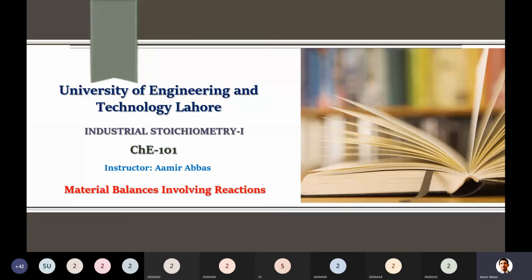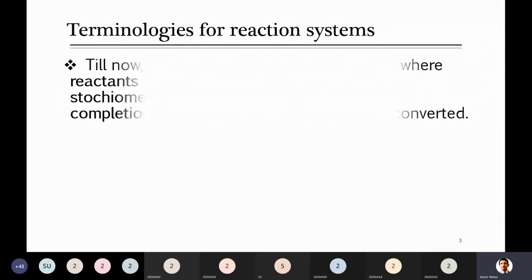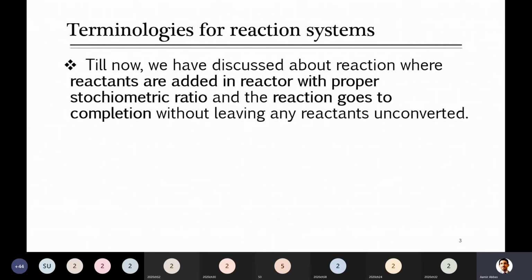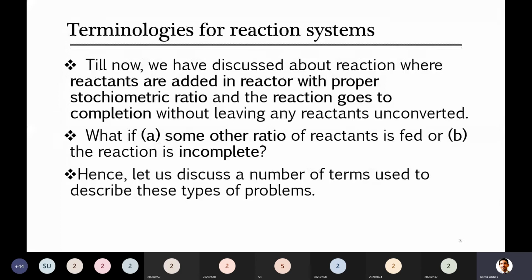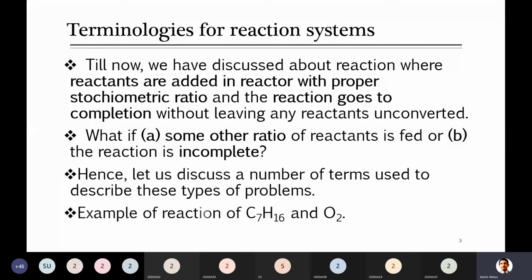But in other systems where there is not complete conversion, some reactants are left for any reason, or maybe the reactants are not in stoichiometric ratio, then what to do? I told you that in those cases you should be aware of different terms. You will need to calculate a few things which we are going to study here.